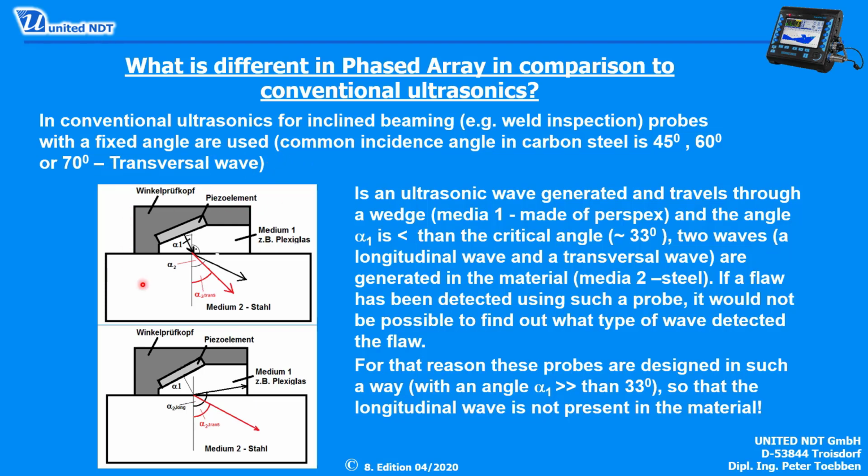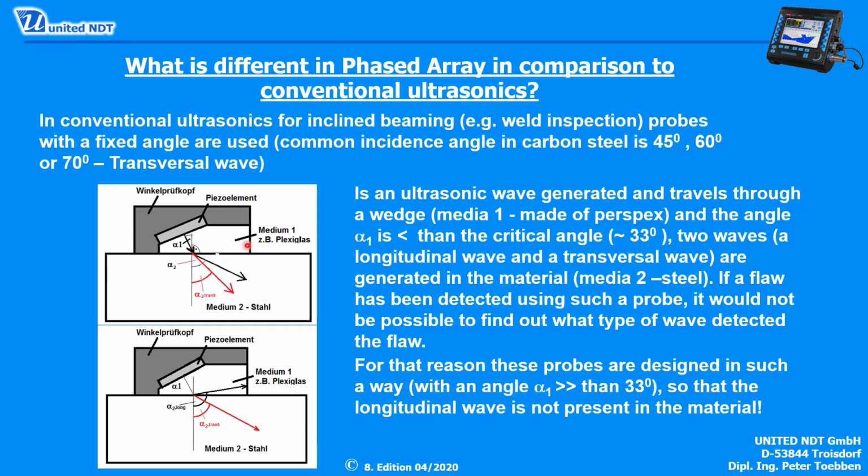Here you see a picture of an angular probe, but in this probe the angle has been made rather small. It's below the so-called critical angle, and when it is below the critical angle, the effect is that you have two waves inside the material. You have the transversal wave and the longitudinal wave.